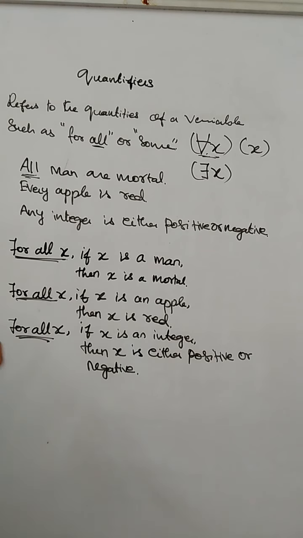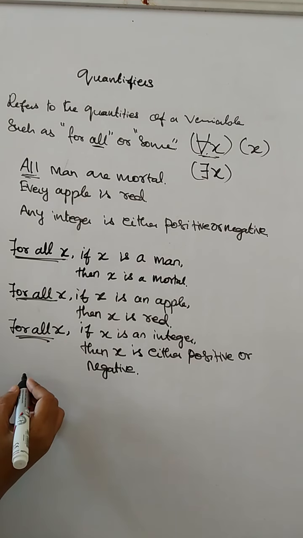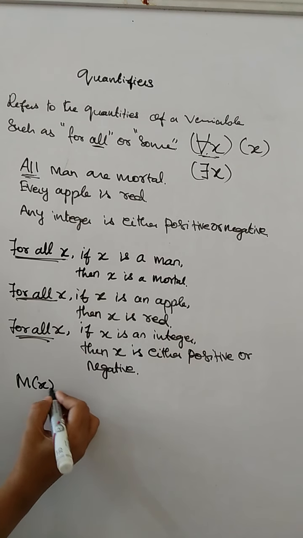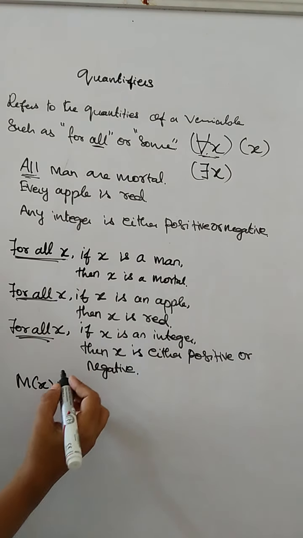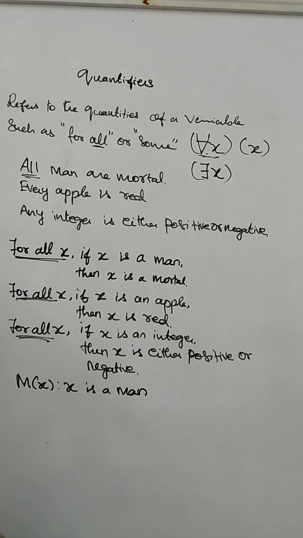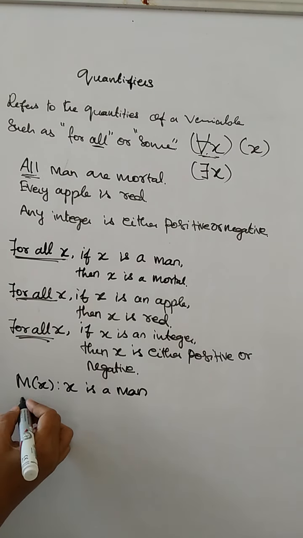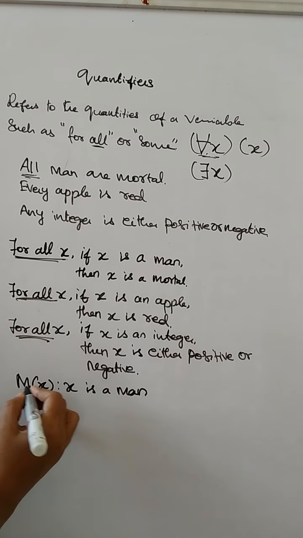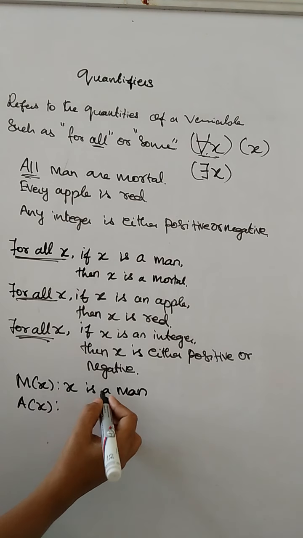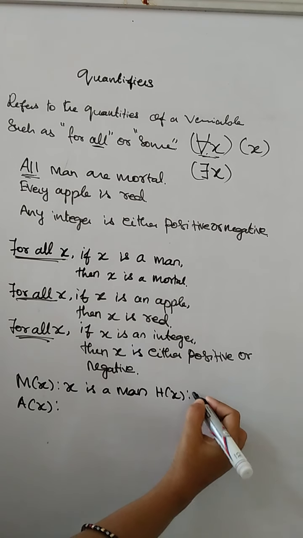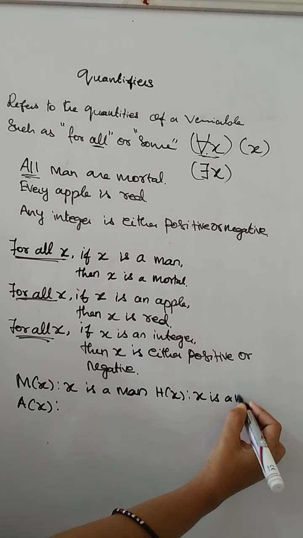In order to write it in terms of these symbols, at first I am going to consider M of x as x is a man, and H of x as x is a mortal.